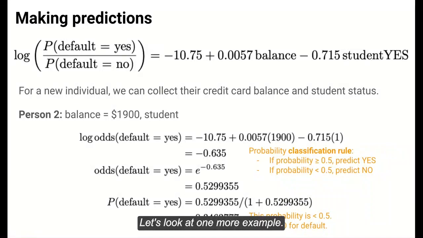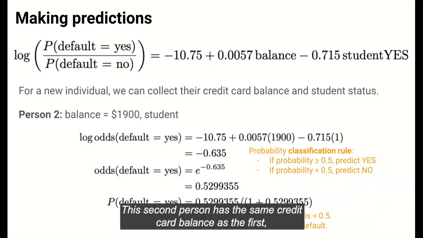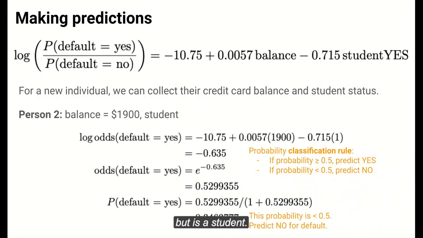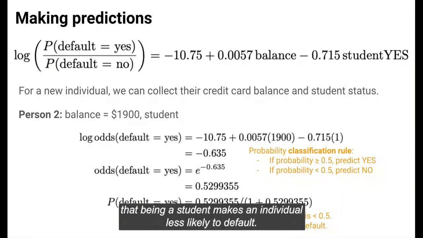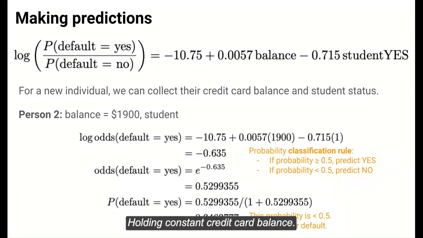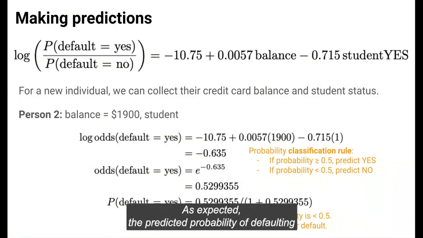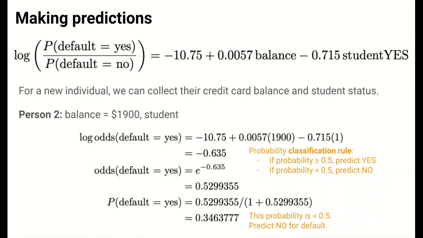Let's look at one more example. This second person has the same credit card balance as the first, but is a student. We see from the negative coefficient for student that being a student makes an individual less likely to default, holding constant credit card balance. As expected, the predicted probability of defaulting is about 0.35, much lower than for person 1.